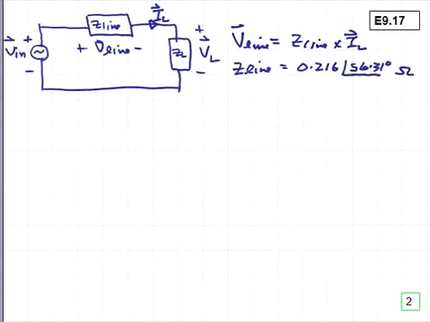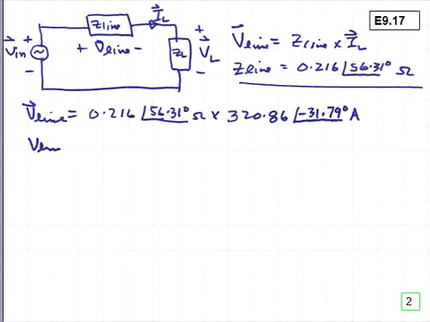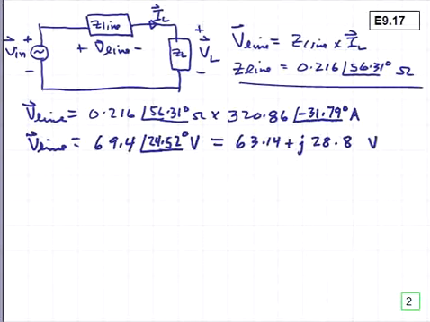where the transmission line impedance in polar form is 0.216 at an angle of 56.31 degrees ohms. Then the calculation for that line voltage drop is equal to 63.14 plus j28.8 volts in the rectangular form.